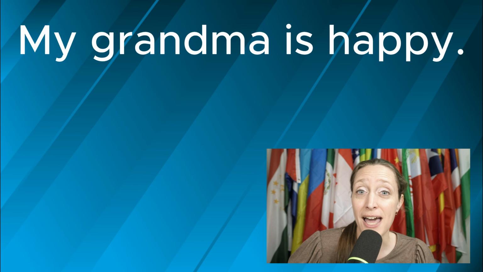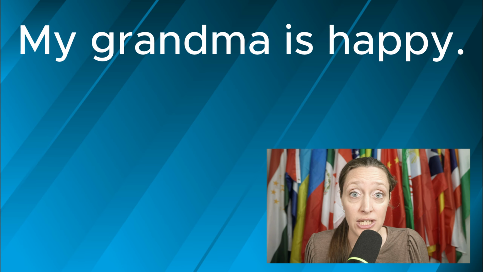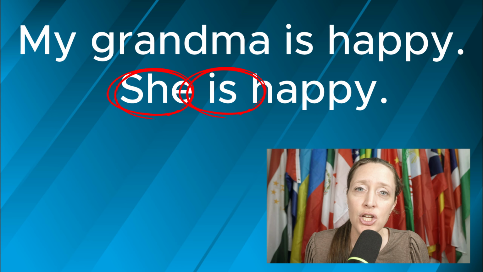Now, because we use contractions so much in English, we actually make words into contractions that aren't grammatically correct. But you will hear people use these kinds of words all the time. For example, my grandma is happy. Now, we usually make a contraction with she and is, right?